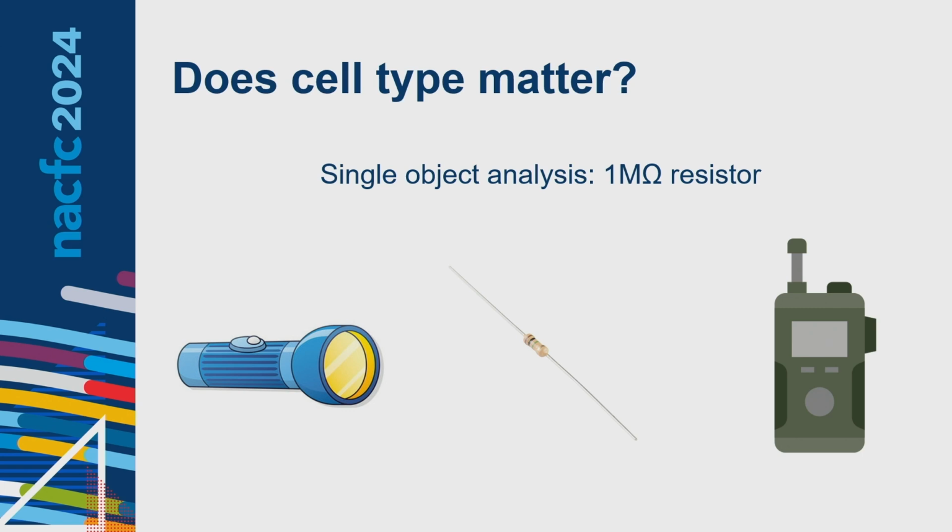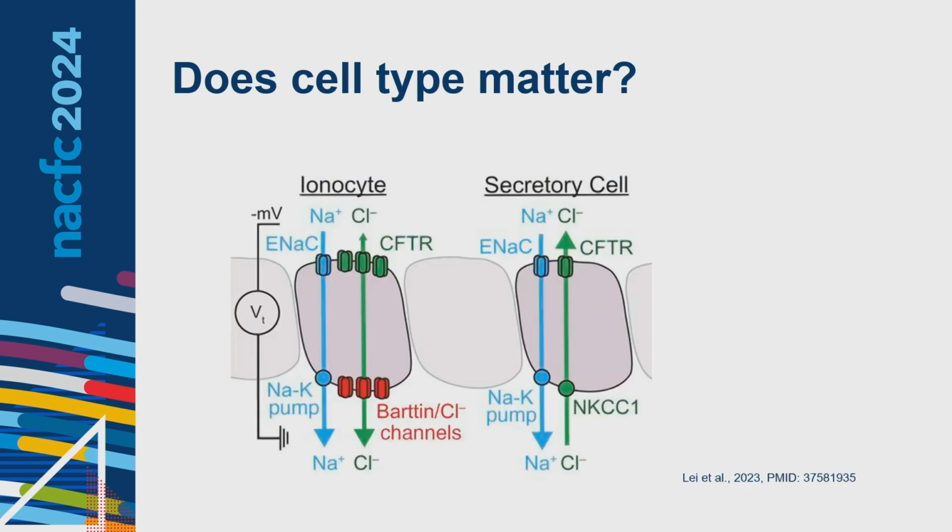And so just knowing one piece of the puzzle cannot tell you what it does. You have to look at the cell and the other things that are in it, and that context will tell you what CFTR is doing. So like the resistor in one thing, it can transmit light, and this resistor in a walkie-talkie transmits sound. CFTR in some cells might secrete bicarbonate or chloride, and in others absorb chloride.